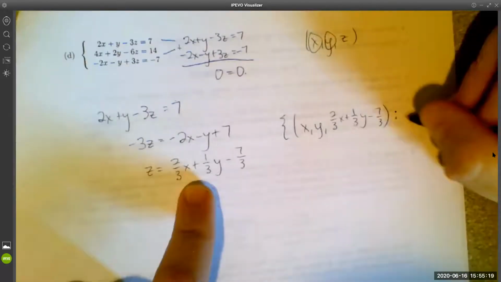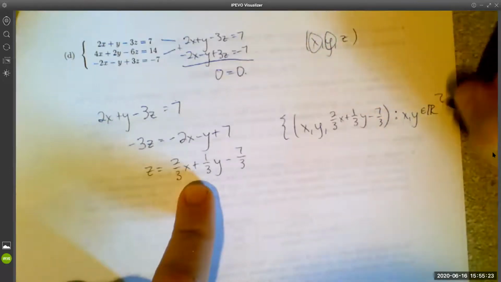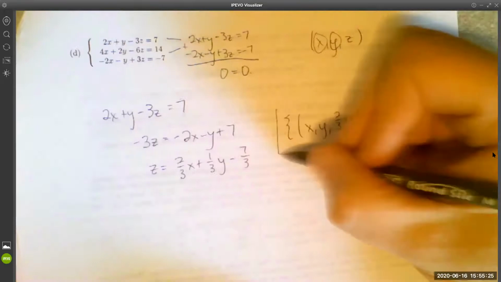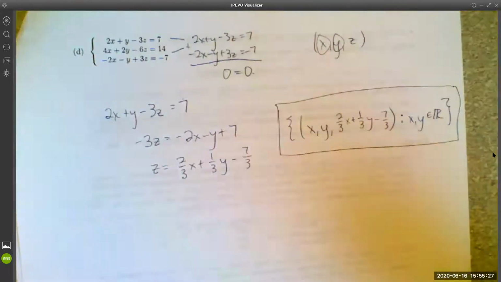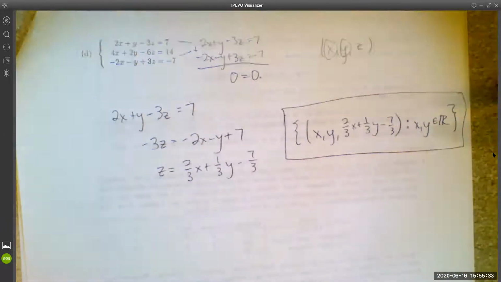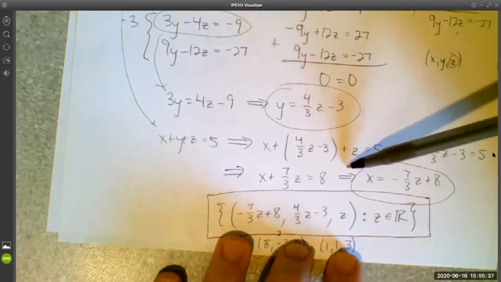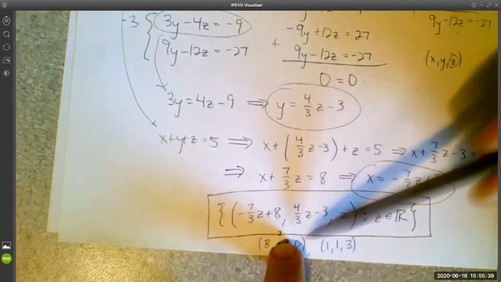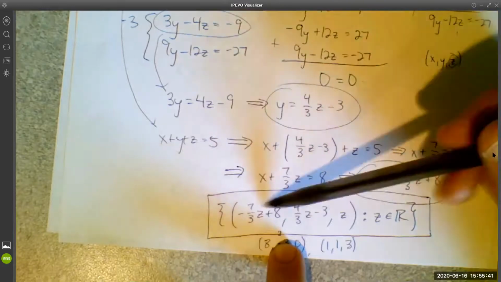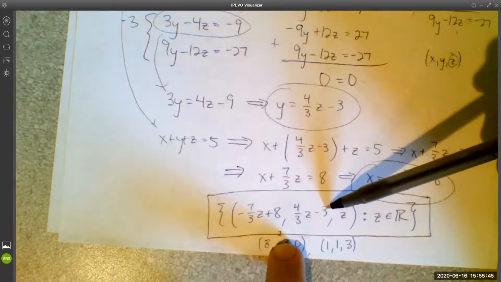Where x and y are allowed to be any real number. Okay. Graphically, what's going on here is that in this problem, the three planes coincide in a single straight line, and this is the ordered triple that describes that line.